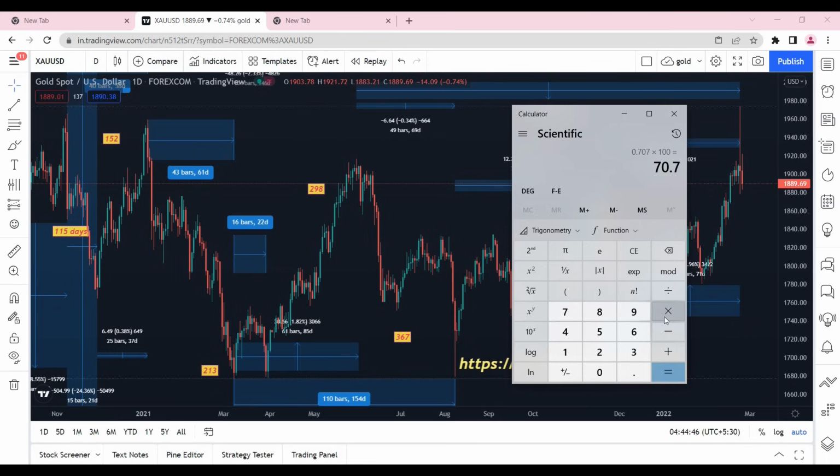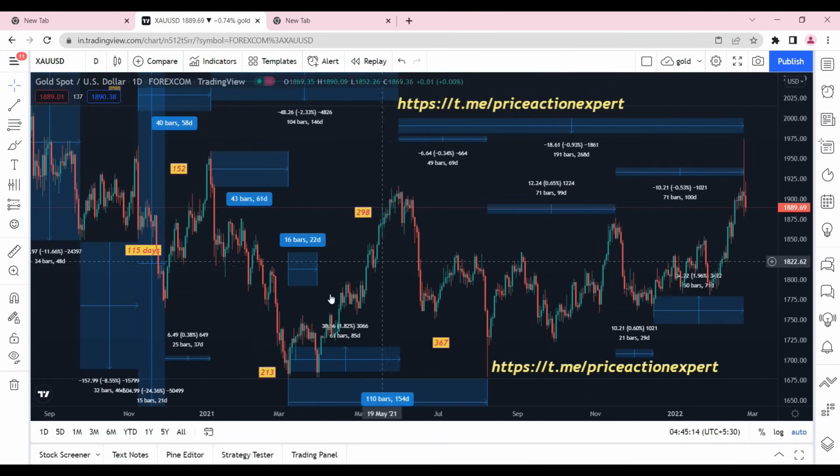So octave, if you take, there is an 8. Okay, if you multiply that by 8, it gives 565.6, or you can do half of an octave, which is 4 times 100, 400 times 1.414, and it will give you the same result, 565.6. Let's see how this works.